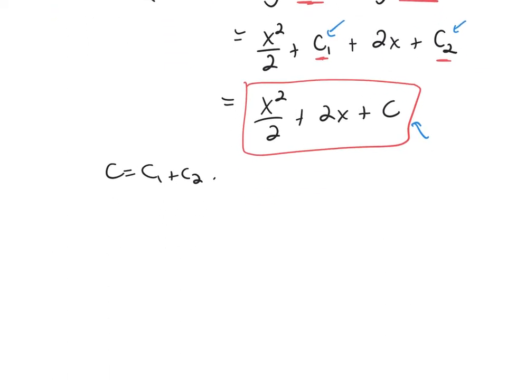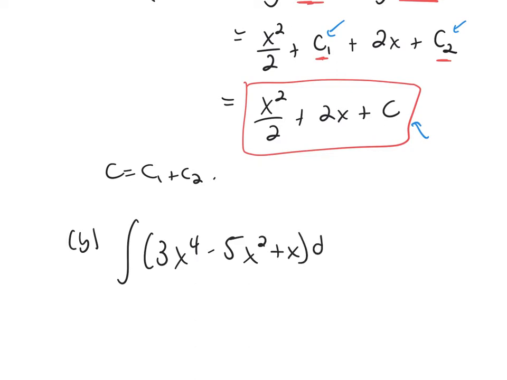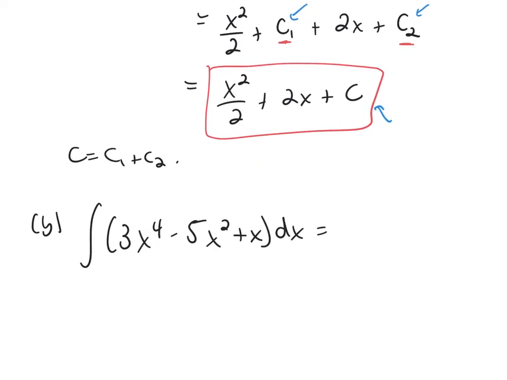So let's look at another one of these where I have more than one term. The integral of 3x to the 4th minus 5x squared plus x. So you're going to do your reverse power rule and work term by term. Start with 3x to the 4th.